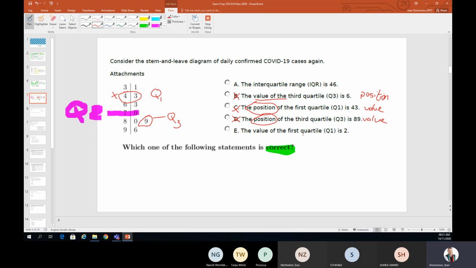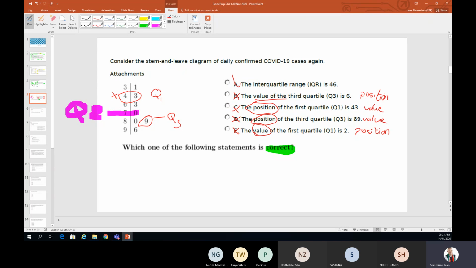The value of the first quartile is 2. Again, no, the position is 2. Also wrong. So the interquartile range will be the correct one.